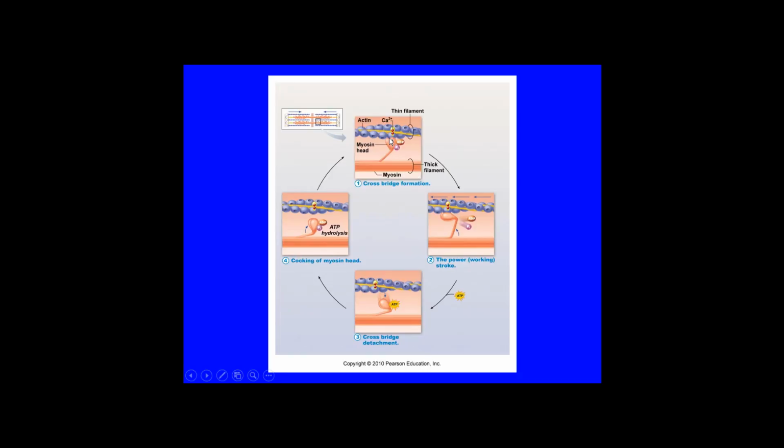It also has on each of the heads a site that will bind to the binding site on actin. Once tropomyosin has been pulled away, and that's done by troponin in the presence of calcium, it pulls it away. The sites are now active. You have the myosin. It will basically attach.